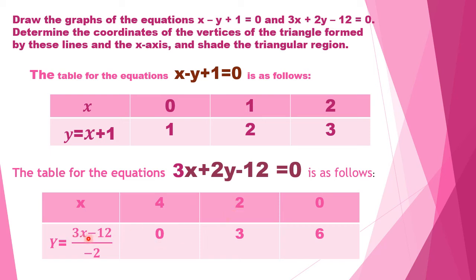Replace x with 2, 3 2s are 6, minus 12 is minus 6, minus 6 by minus 2 is 3. And replace x with 0, you get 3 into 0 is 0, minus 12 upon minus 2 is 6.